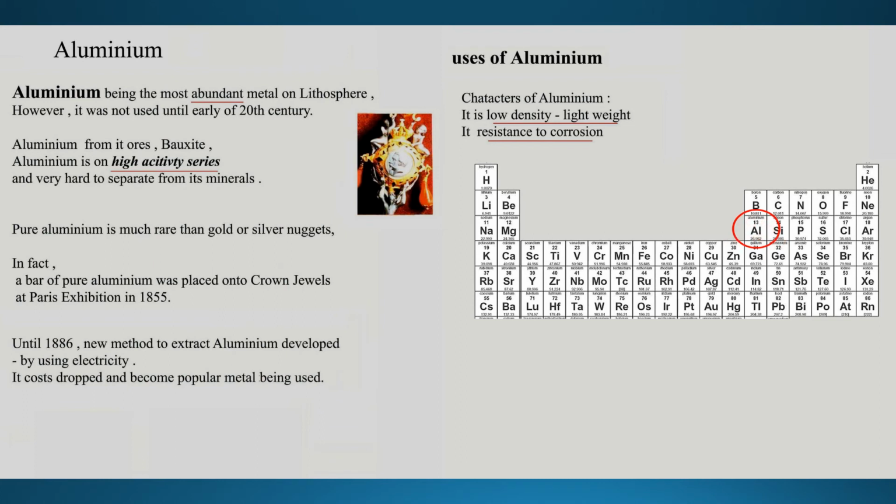Compared to most structural metals in this group, all of these structural metals are double or more than aluminium. So aluminium is one of the lightest metals. And another advantage, it doesn't rust. It resists corrosion.